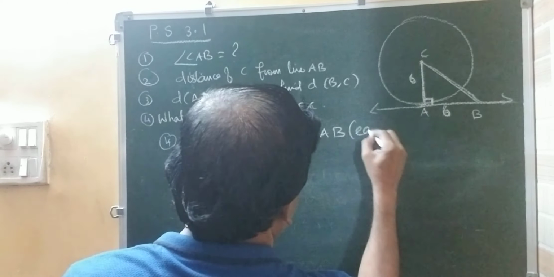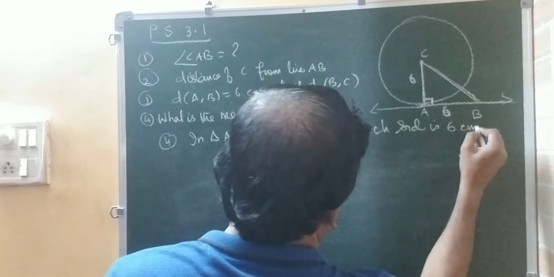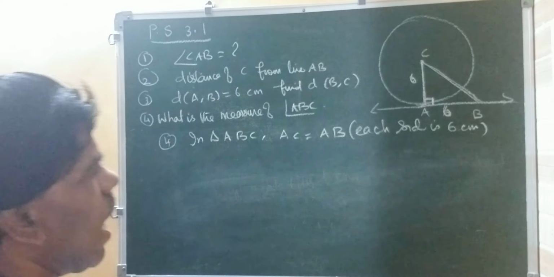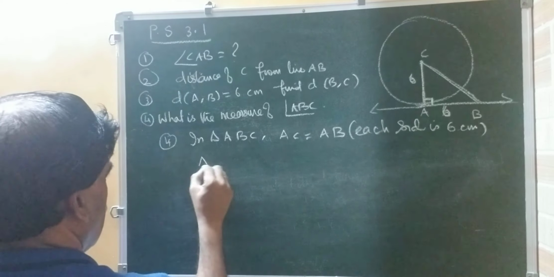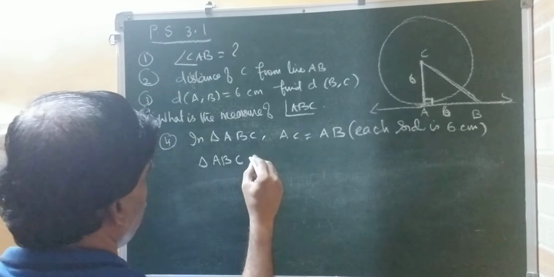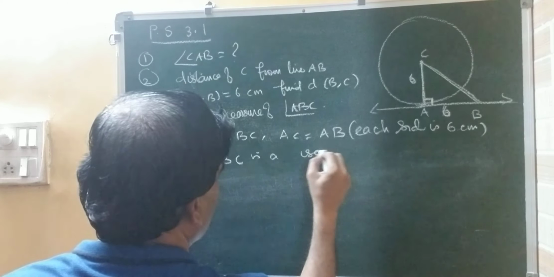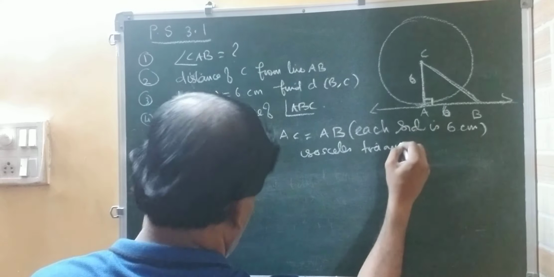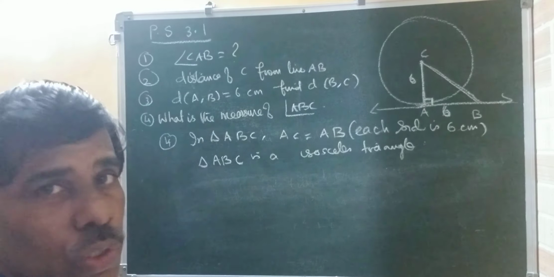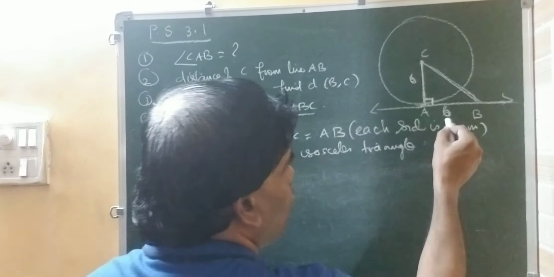Why? Each side is 6 centimeter. Therefore, triangle ABC is an isosceles triangle. Isosceles triangle means two sides are equal, therefore angles opposite them are equal.